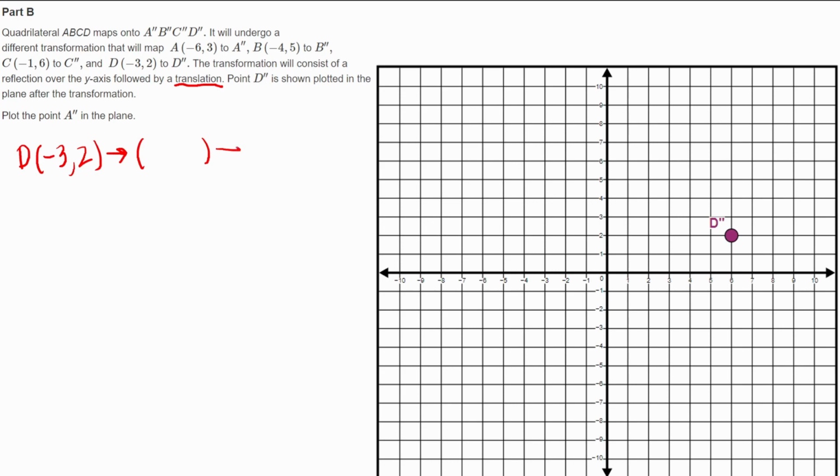And then we do our translation, and then that gives us D double prime, which is going to be at 6, 2. So we need to find these middle coordinates somewhere in order to figure out what the translation was. So if I plot D, which is at -3, 2, right here, that red point, that is our D point.